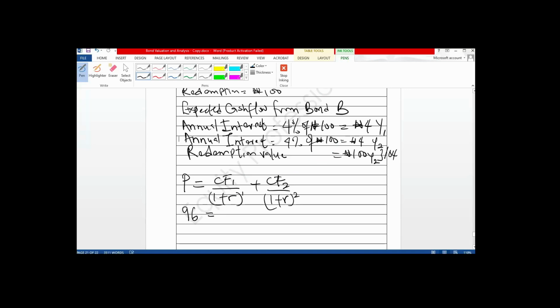The cash flow in year one is 4 naira, over 1 plus the spot rate for year one that we have computed, 0.0476. Plus the cash flow in year two, 104, over 1 plus R in year two. We don't know that yet. That is what we are trying to calculate.